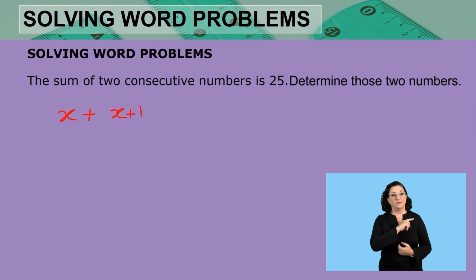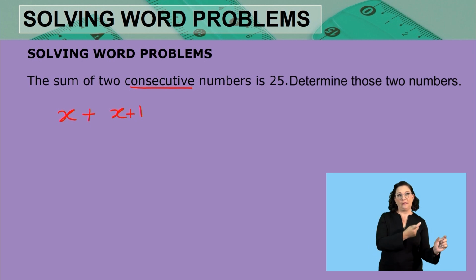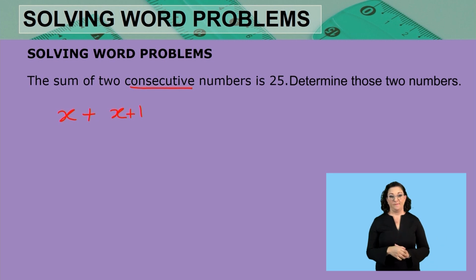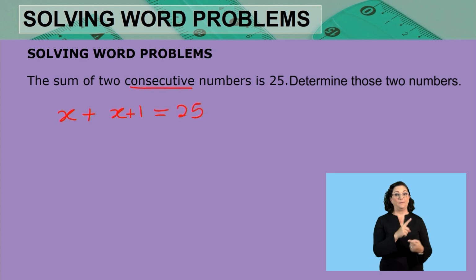So in other words, if x is 5, then we know the next number will be 6. If x is 50, we know the next number will be 51. How do we know that? The numbers are consecutive. So whatever x is, the next number will be that same x, and we add 1 to it. So the sum of 2 numbers, x plus x plus 1, is equal to 25.